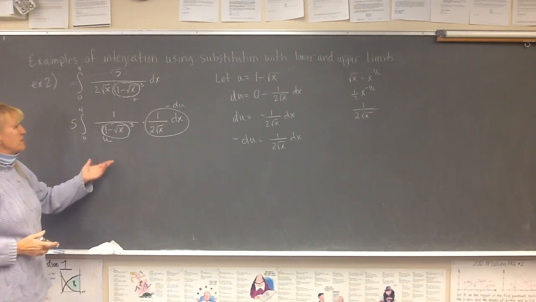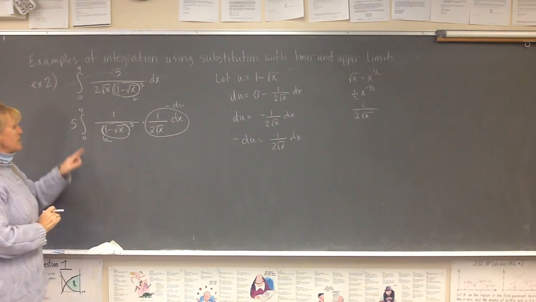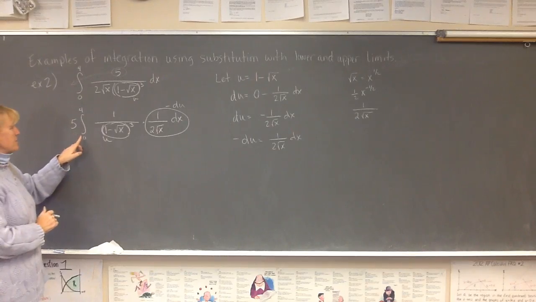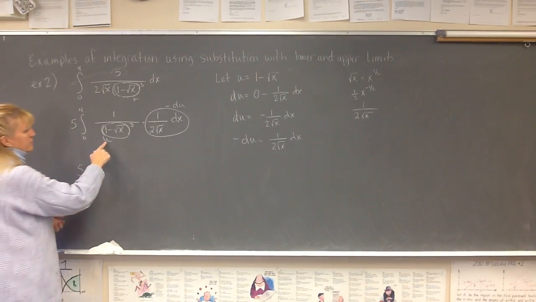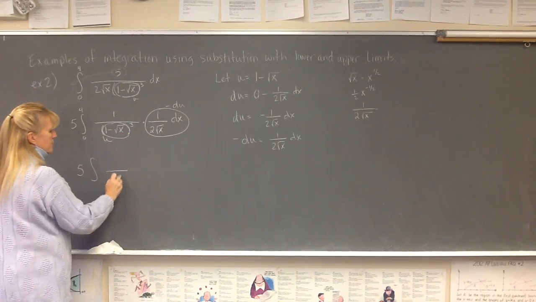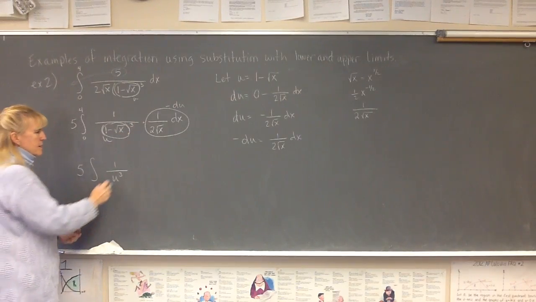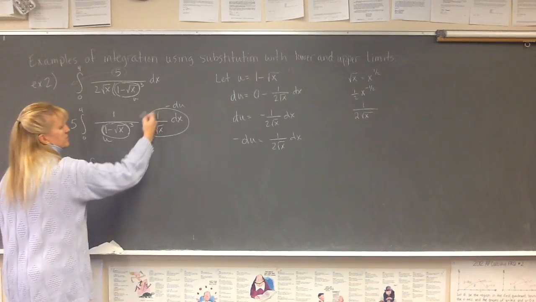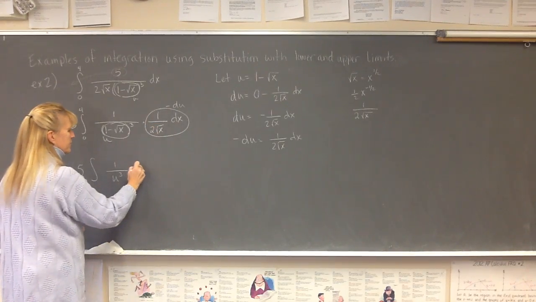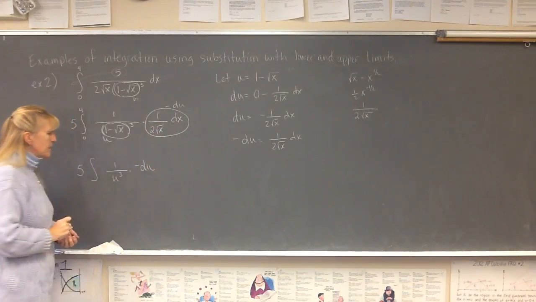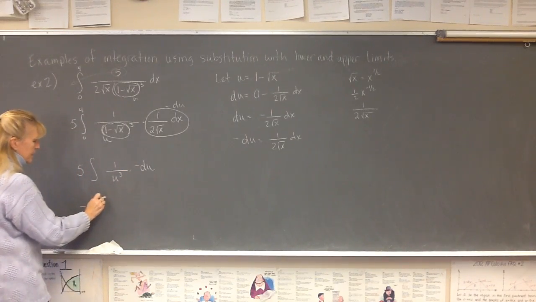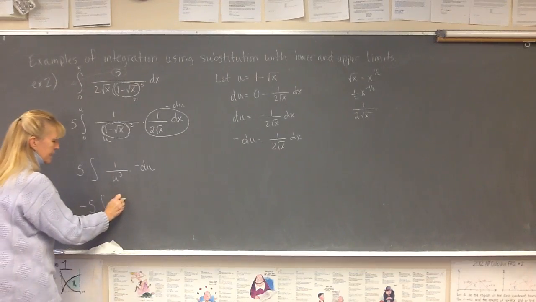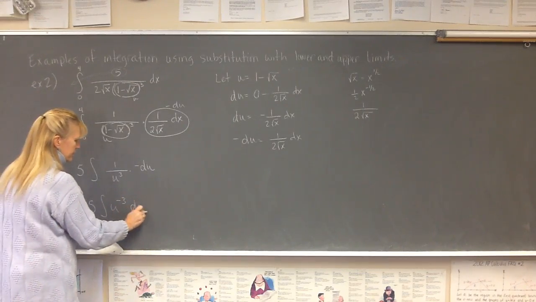Everything is replaced with u's instead of x's, with the exception of my limits. Now let's write this in terms of my u's for a second. So this is u cubed, and it's on the denominator. I'll leave it there momentarily. This is times, and all of this goes together and becomes my negative du. So I'd like the negative to the outside with the 5. I'm going to integrate u to the negative 3 with respect to u.